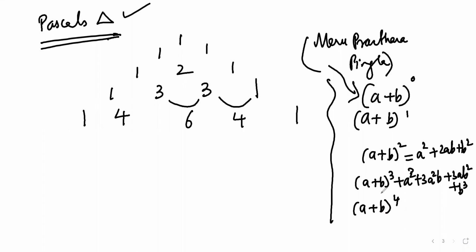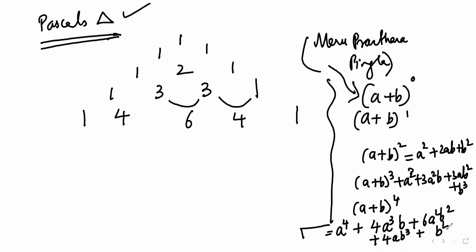If you do (a plus b) power 4, it will be a power 4 plus 4 times a cube b plus 6 times a square b square plus 4 a b cube plus b power 4. How did I write it so easily? I'll tell you now with respect to this triangle.